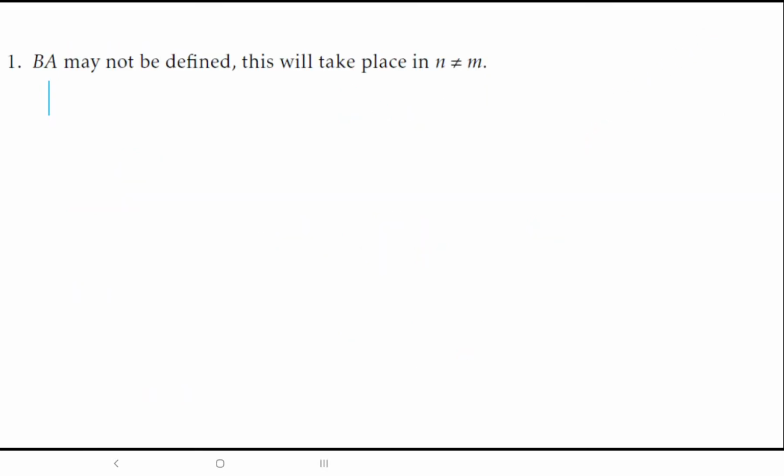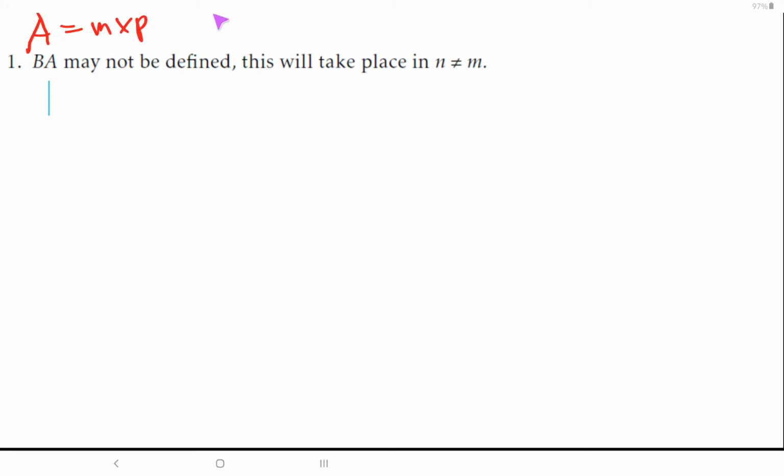So, we have here the following cases. Suppose that A is an M by P matrix, and then B is a P by N matrix. Okay? So, note that AB will exist.